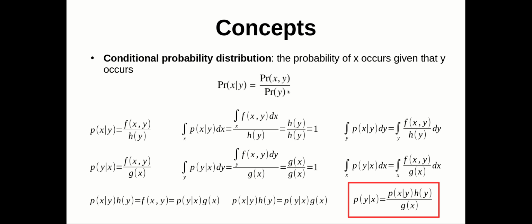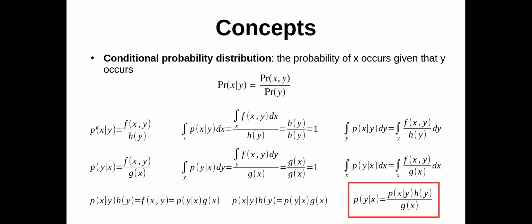And let's look at some of the very interesting properties of this conditional probability distribution. Here I'm just considering the continuous case, so I'm doing integrals, right? But if the sample space is discrete, you can just convert all the integrals into summations, and then the result is identical. It's not going to change anything, right?